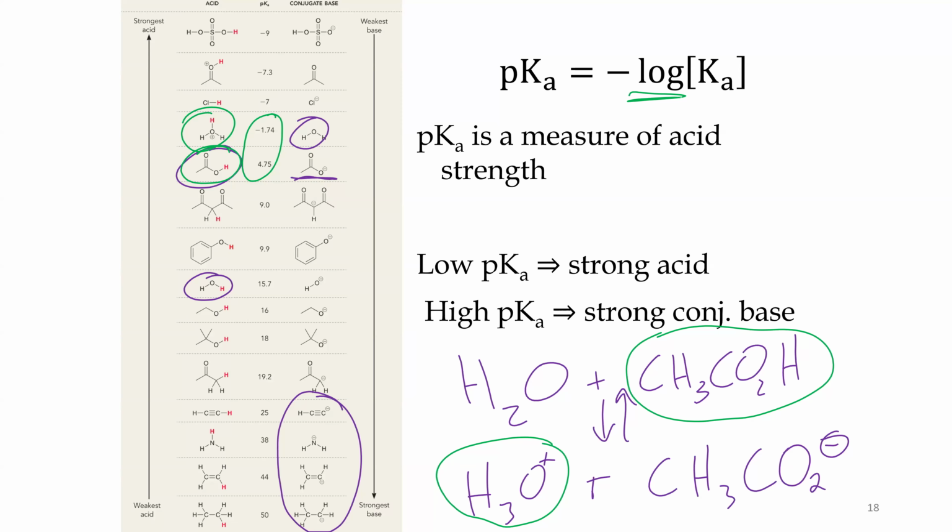We look at the difference in the pKa values. The difference in these pKa values is 4.75 minus negative 1.74. That's going to be really close to 6.5.